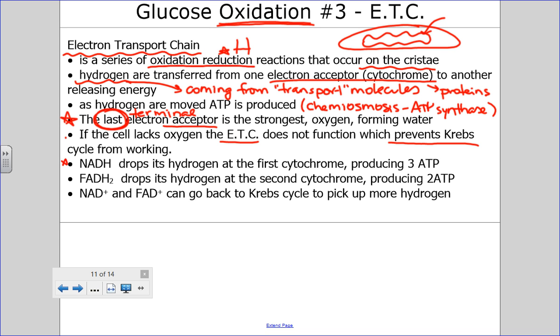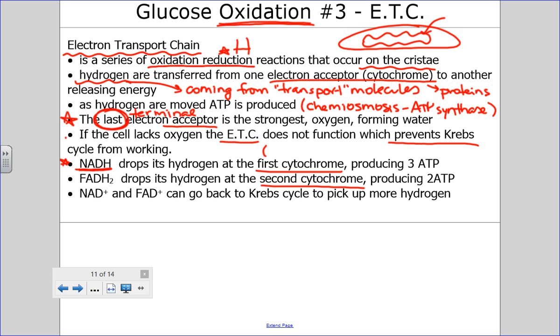Now these are our transport molecules. NADH is the first one. It drops its hydrogen off at the first cytochrome. FADH2 drops its hydrogen off at the second cytochrome. Now these cytochromes, remember, are just proteins in the membrane.